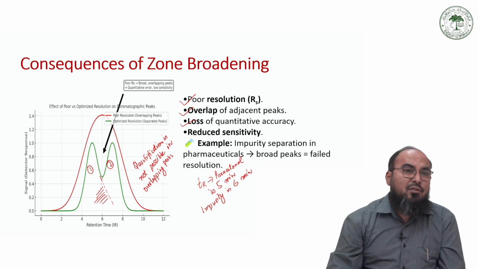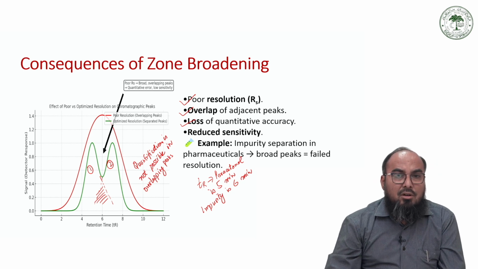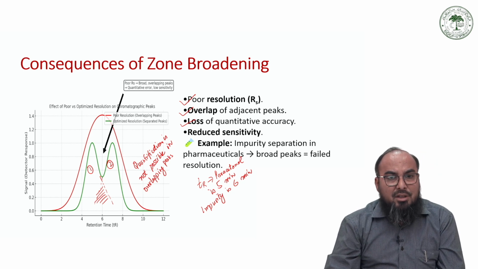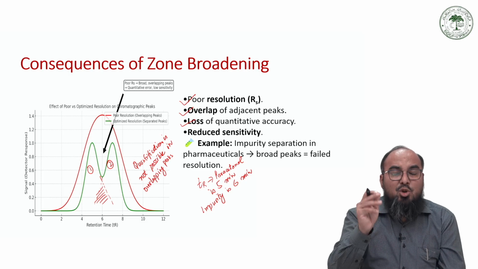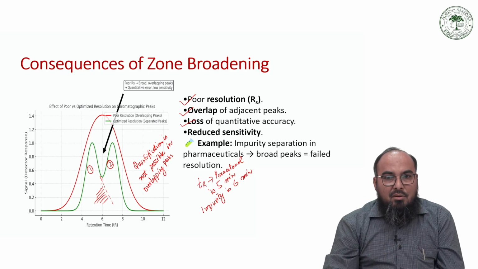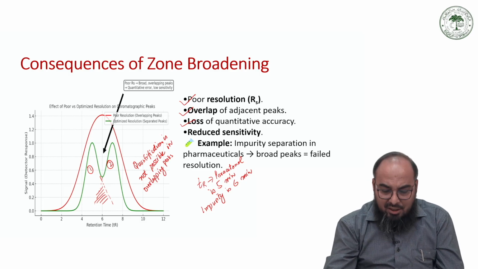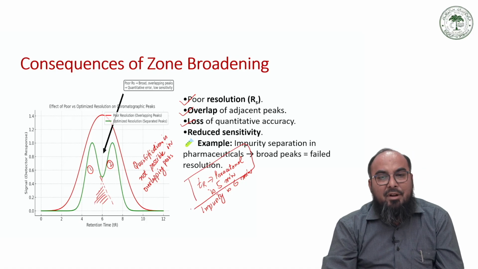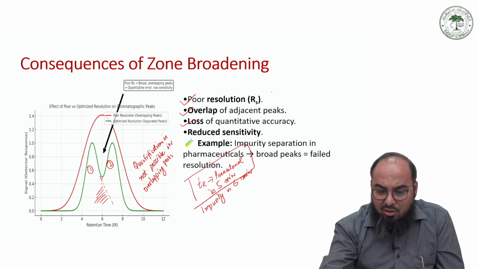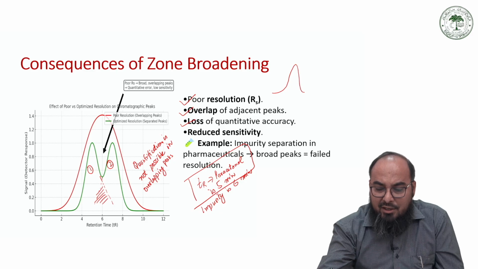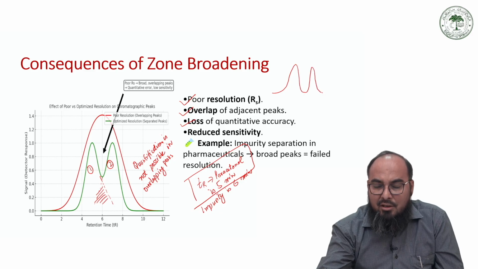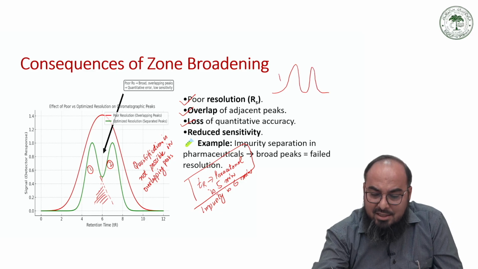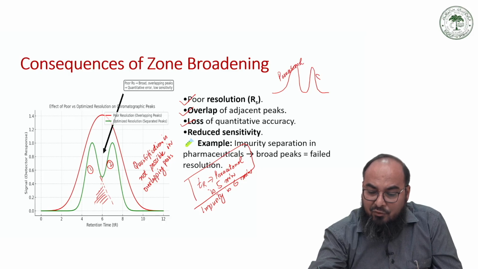Then it becomes difficult to separate them, unless you have a very efficient column. But if your column is efficient, then you can get a pure peak at 5 minutes, because an efficient column will make a distinction between the paracetamol and the impurity.